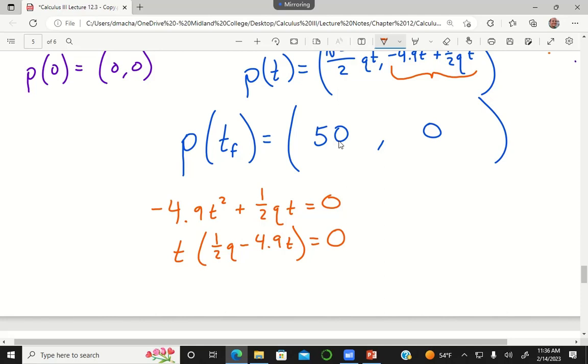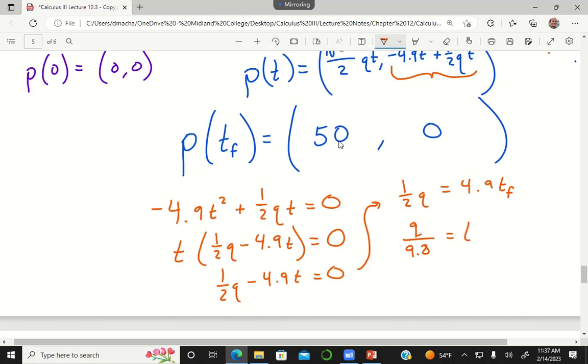The other solution comes from setting 1/2 q minus 4.9 t equals 0, or in other words, 1/2 q is equal to 4.9 t. And this t, once I solve this equation, is going to be my final time. So that's going to be 1 over 9.8 q is equal to t_f. Is that exactly what I had before?